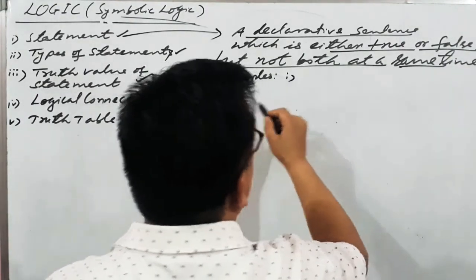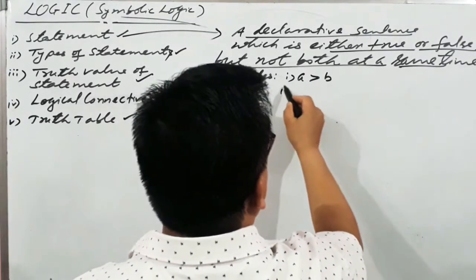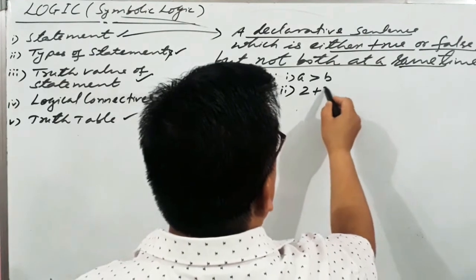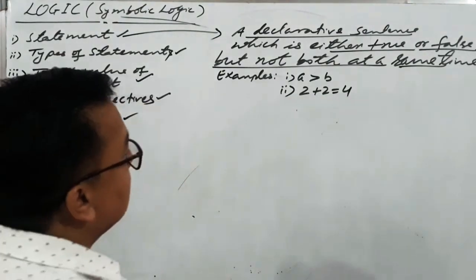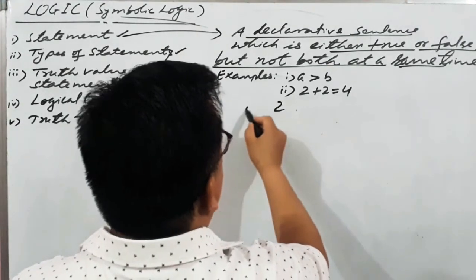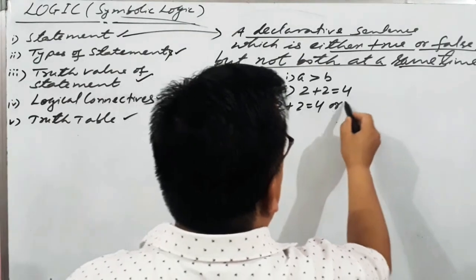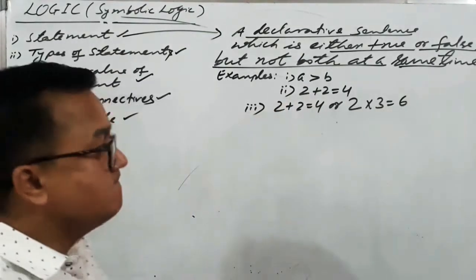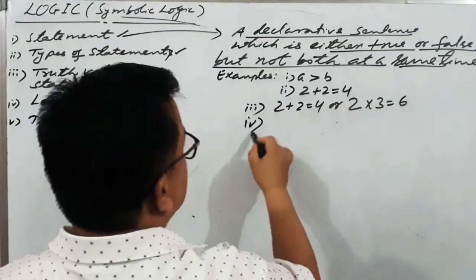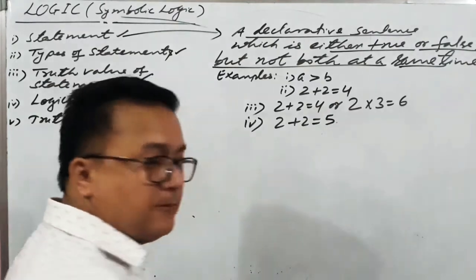Examples. Number one, A is greater than B. 2 plus 2 equals 4. Number three, 2 plus 2 equals 4, or 2 times 3 equals 6, or you may say 2 plus 2 equals 5.